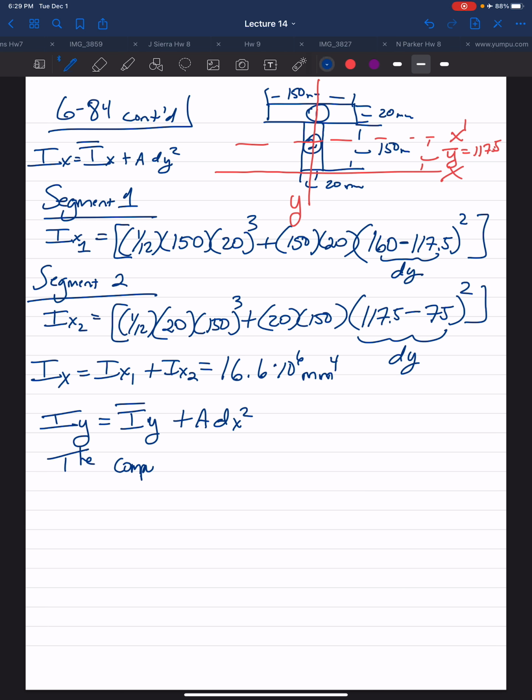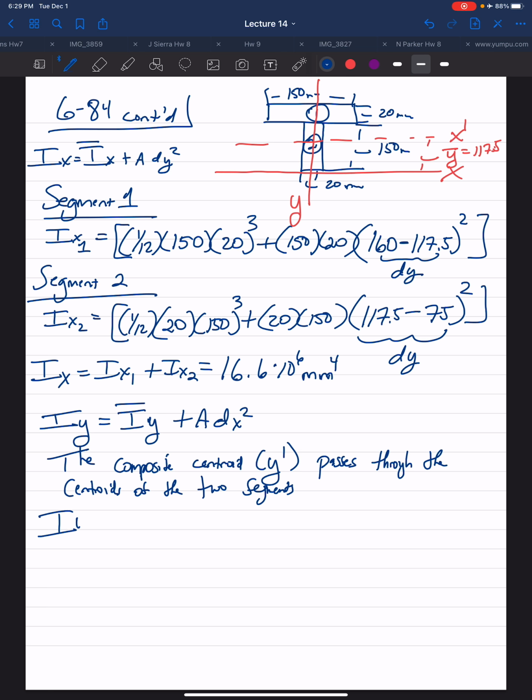The composite centroid, we'll say y prime, passes through centroids of the two segments. So in this case, from Appendix B, I sub y for a rectangle is 1/12 the height times base cubed.